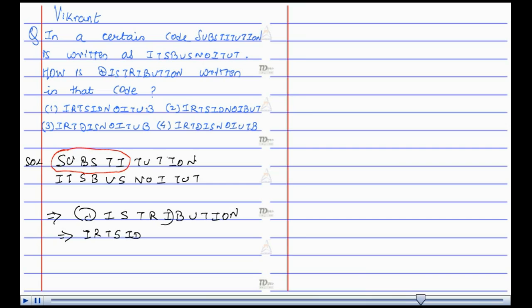Then the next 6 letters will be reversed, that will be NOITUB. So this is the correct order which we will get: IRTSID NOITUB. So the answer is first.